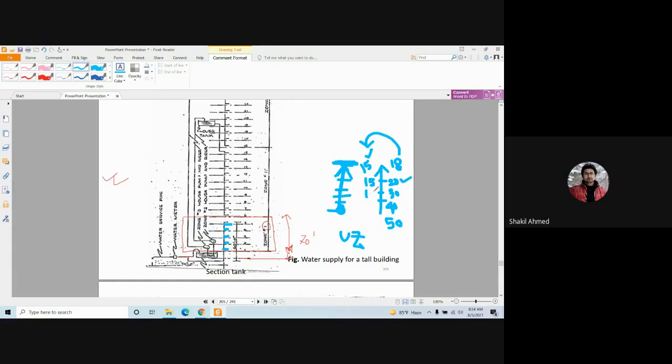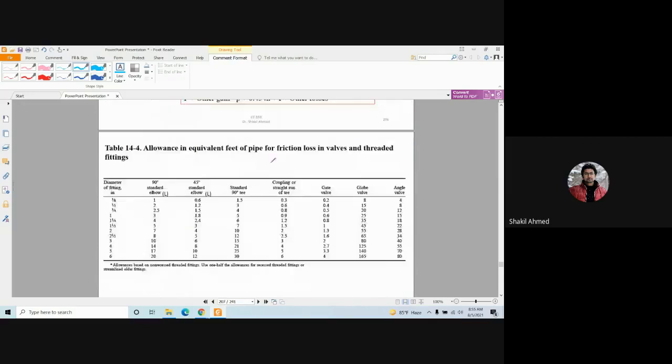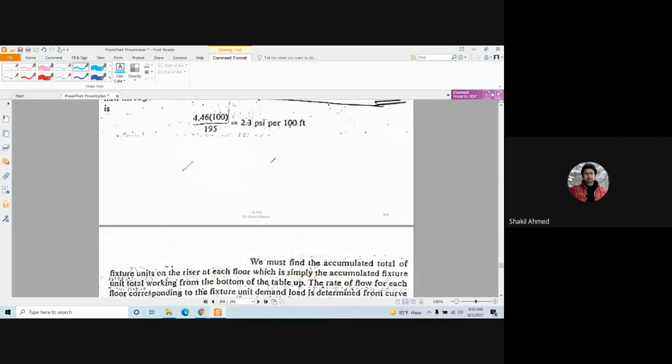Similarly your requirement here is 15, so you have met. All remaining pressure, that is available pressure, is larger than required. So all are okay. If the top floor is met, then all other floors will also be met. Is it clear, guys? Yes, sir.